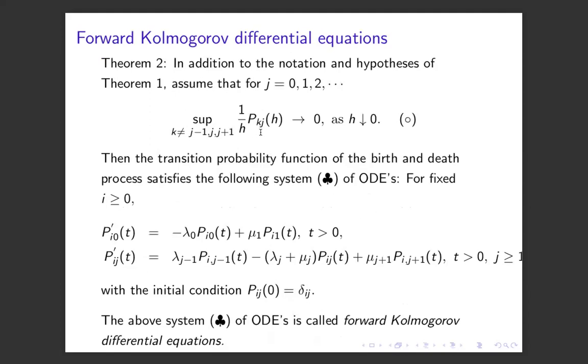So assume here that for every j, if you take 1 over h times p_kj(h) with k not equal to the adjacent states or the state itself, namely k not equal to j minus 1, j or j plus 1, one has to assume the supremum of p_kj(h), with k varying over this set, is small order h.